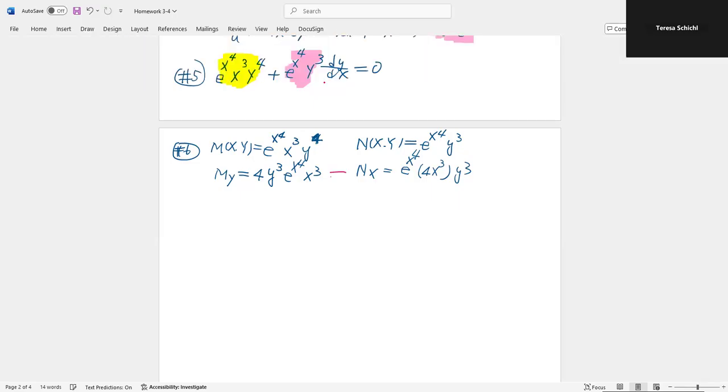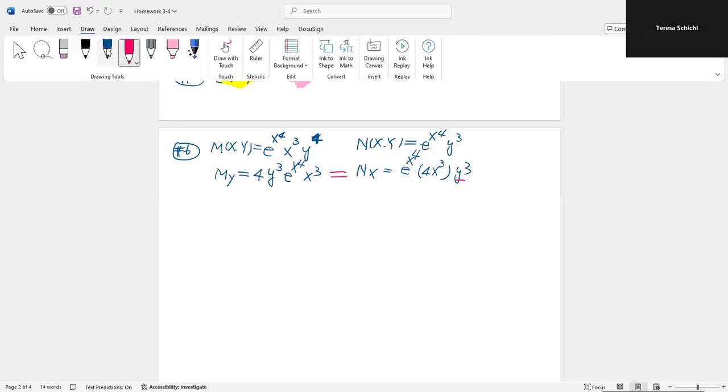Excellent, these two are equal, y cubed, x cubed, x cubed, so it's great. So I finally changed this equation into an exact differential equation, because My equals Nx.